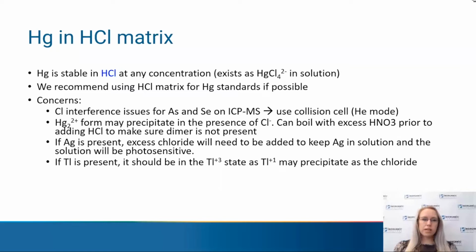So you can have a pretty low level of hydrochloric acid and have your standards still remain stable depending on the concentration. If you have low level mercury, 1 to 2% hydrochloric acid should be sufficient for stability.